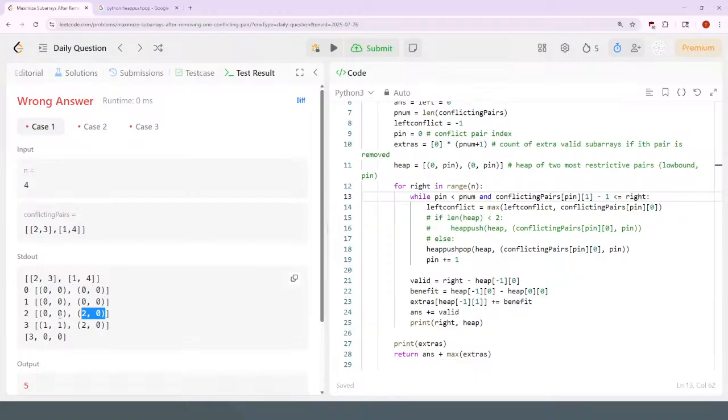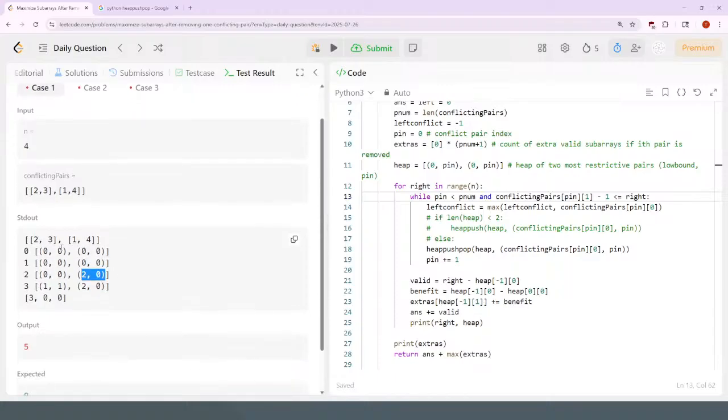That's right. Okay. Alright, so that one comes into conflict. That one gets added to the heap. 2 is the lower bound, 0 is the index to count it.